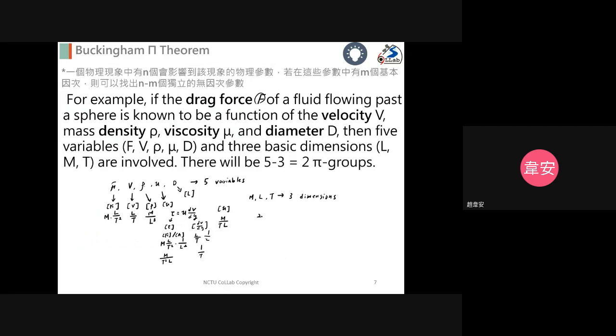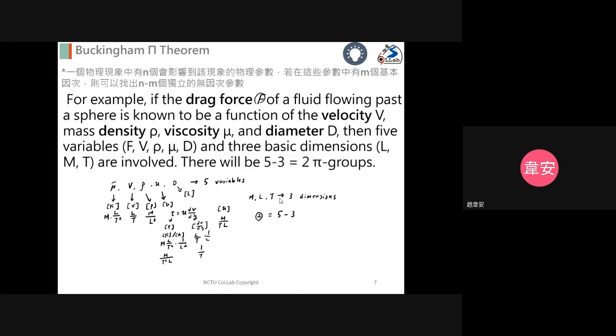So there are 2 pi groups for our problem. The 2 is equal to the 5 minus the 3 dimensions involved in our problem. This is very important.